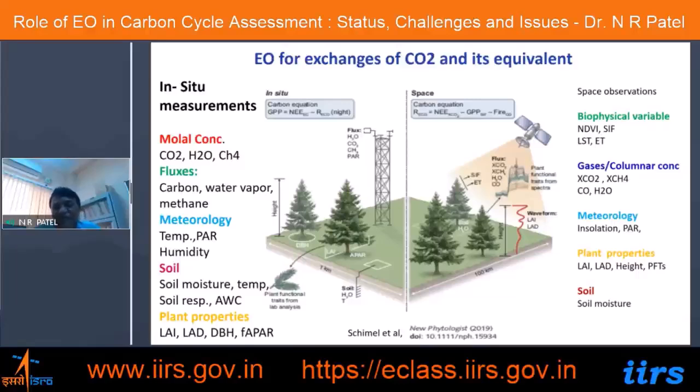These eddy covariance towers range from a small 3 meter tower for cropland to almost 100 meter towers for some forest ecosystems.